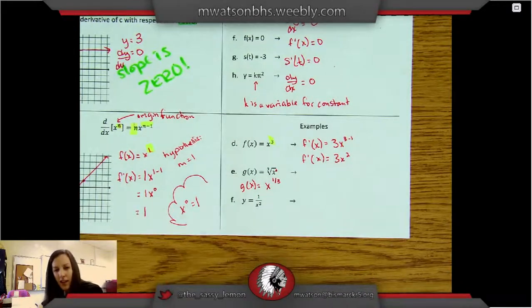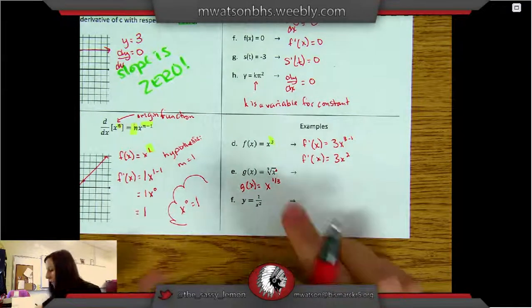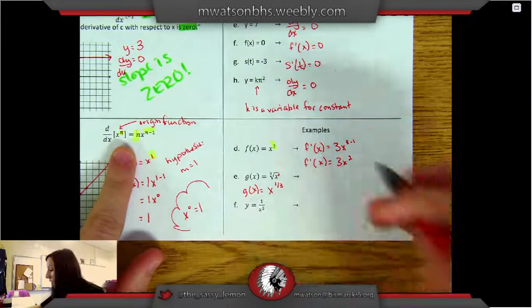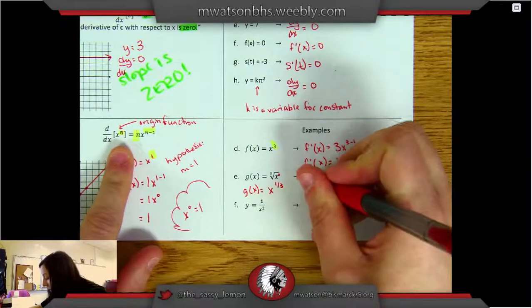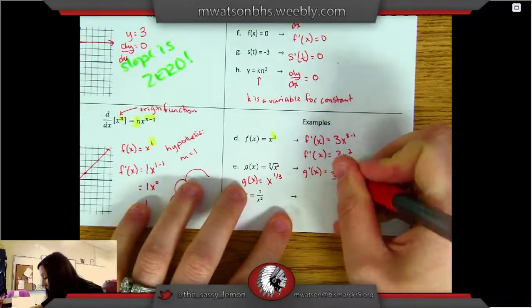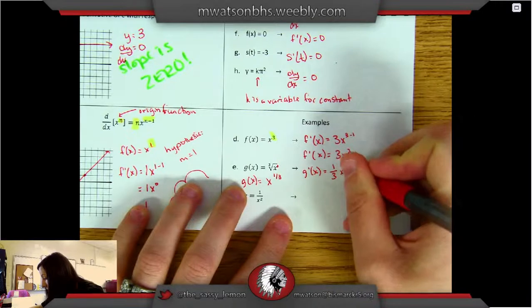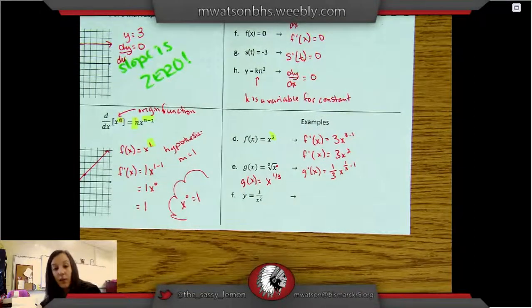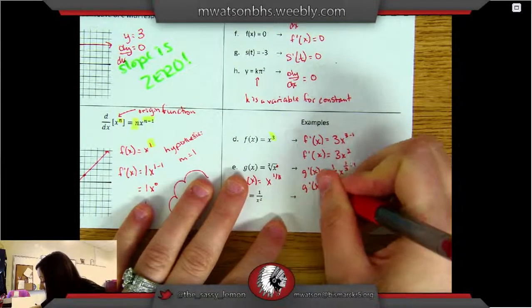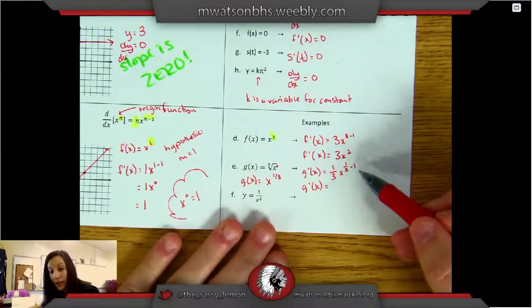So now you can kind of see the visual that fits this rule. So according to our rule, g prime of x is going to equal 1/3 times x to the 1/3 minus 1. Now here's where you have to kind of be decent with fractions, because 1/3 minus 1 is negative 2/3.